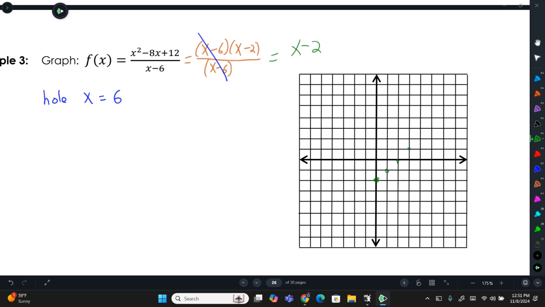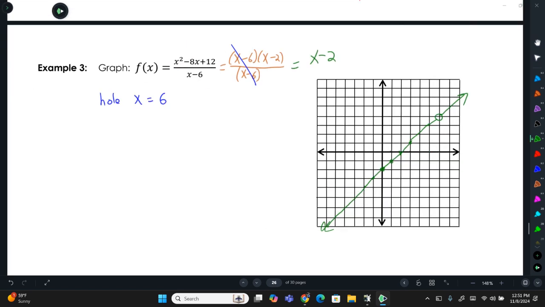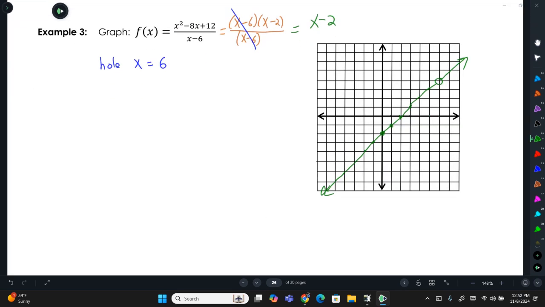We just have to remember that when we get to x equals 6, so 1, 2, 3, 4, 5, 6, we have a circle or a hole in the graph to note that. Now, we do not have to do end behavior, vertical behavior, or anything like that for this example, because canceling out that factor gives us an x minus 2 result. That's a line.